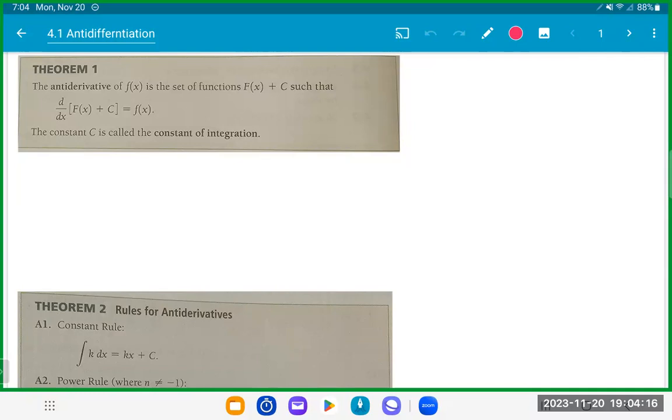So if you think about it in terms of if we wanted to understand the area under a curve, right? So if we have something that looks like this and we have some sort of curve, right? And we want to understand the area under the curve.